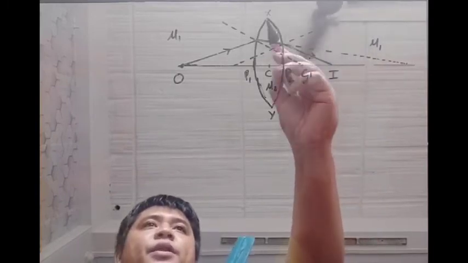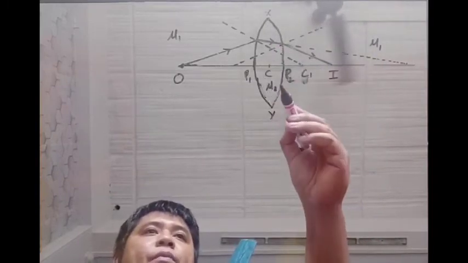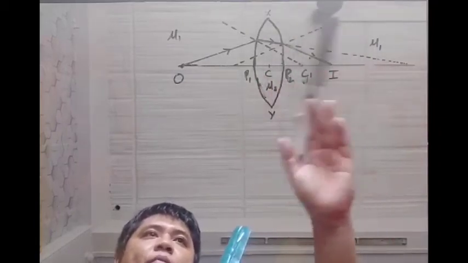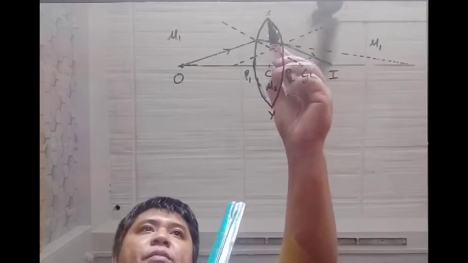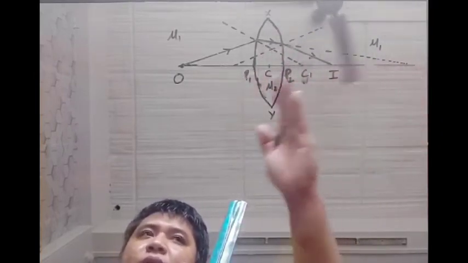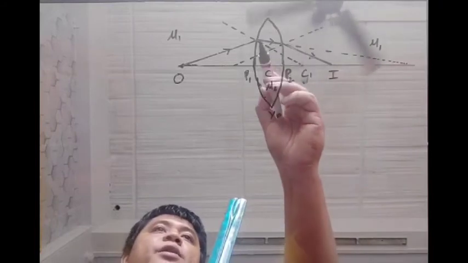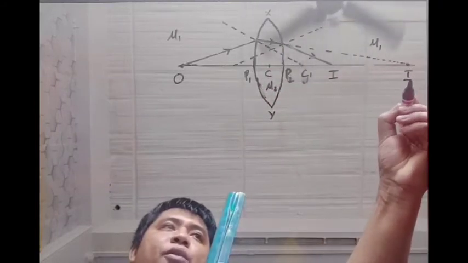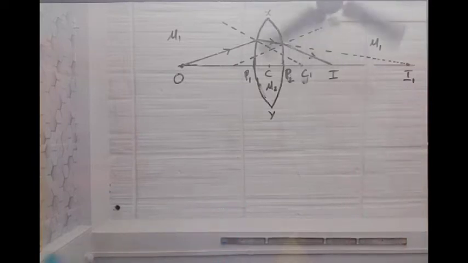If the material of the lens is extended on the right side, the image will be formed at this point, so it is I1.